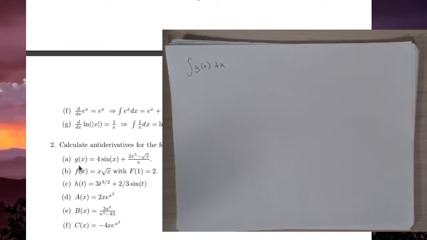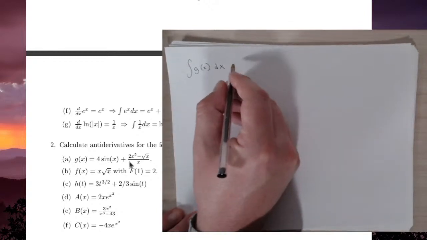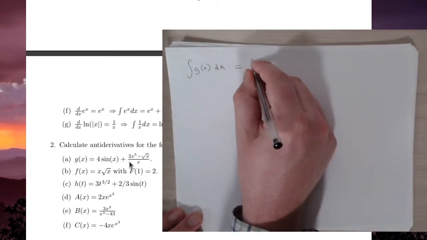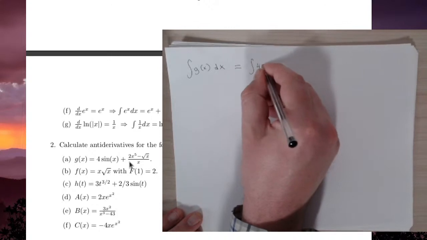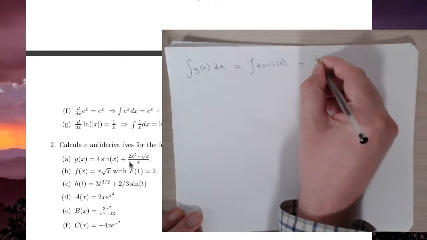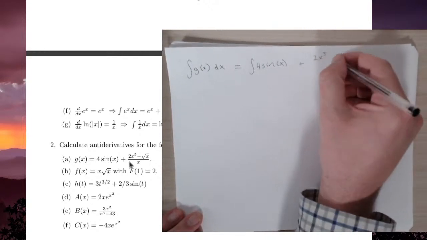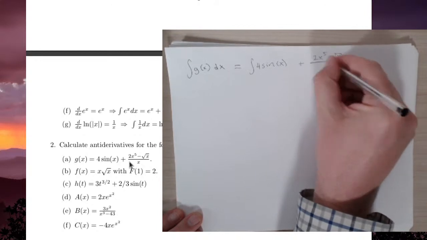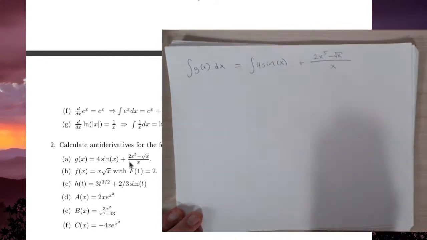All right, here's g. It's this big long thing, right? But we also know that the integral is linear. And so what that means is that we can break this up into smaller, easier pieces. So let's walk through this. This is going to be equal to the antiderivative of 4 times the sine of x plus 2 times x to the 5th minus the root of x all over x dx, yeah?